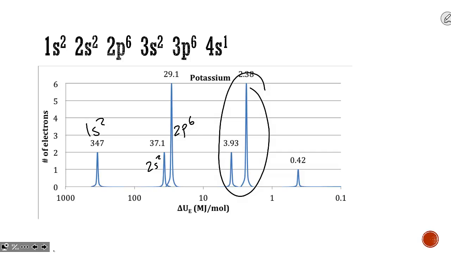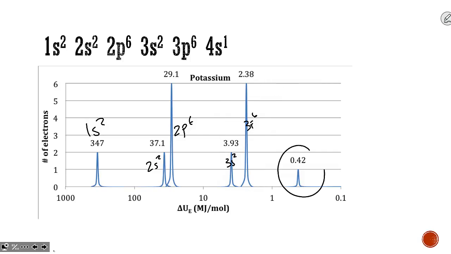So they must make my third energy level, where this would be 3s with 2 electrons and 3p with 6 electrons. The electrons that require the least amount of energy to remove must be my valence electrons in the outermost shell. So that would be my 4th shell. They would fill the s orbital, so this is 4s1.